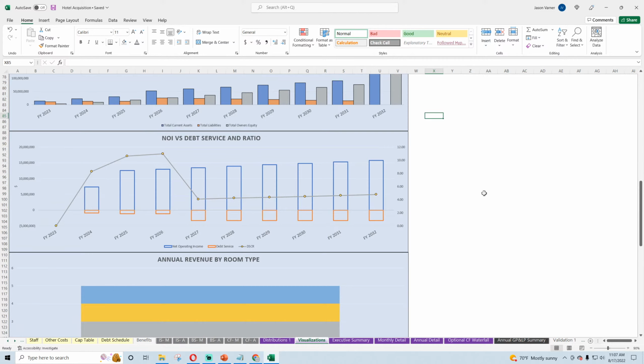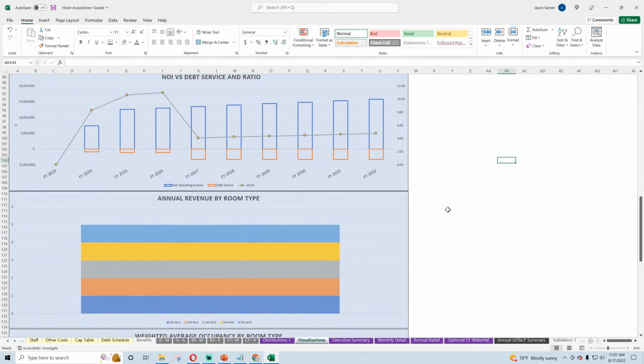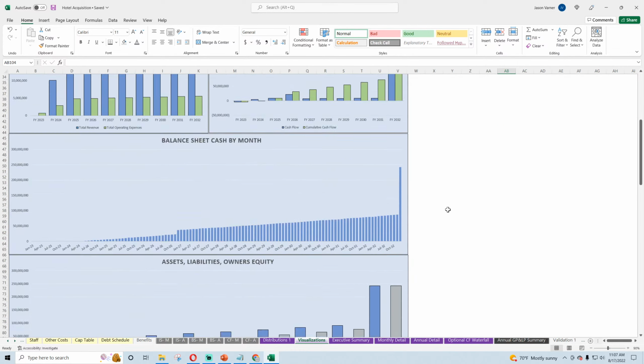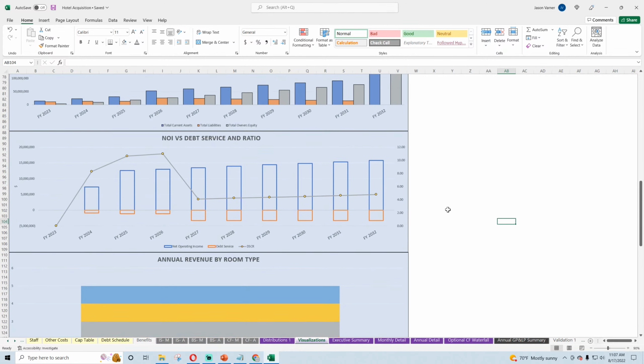And then after we finish getting all these visuals looking good, I will do the sanity checks, which is going to be interesting.